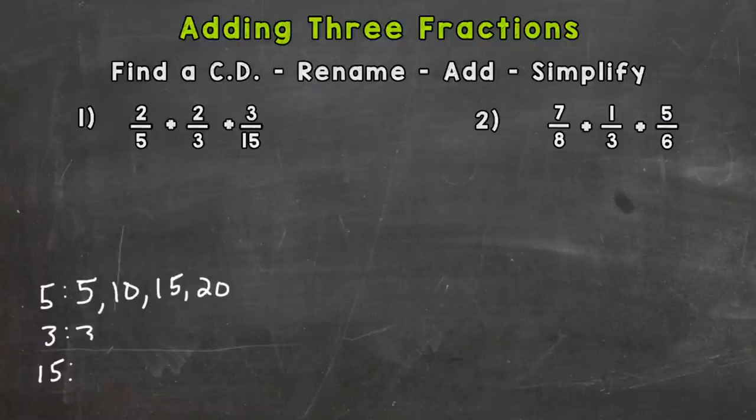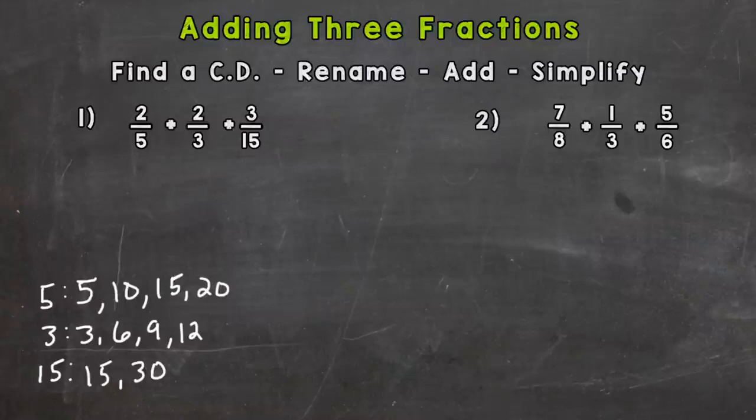So 3, 6, 9, 12, 15, 30. And I'm going to stop my 15 list there since I'm already at 30. And if you compare that to my list of multiples for 3, I'm only at 12.